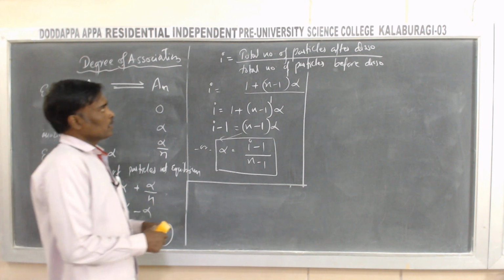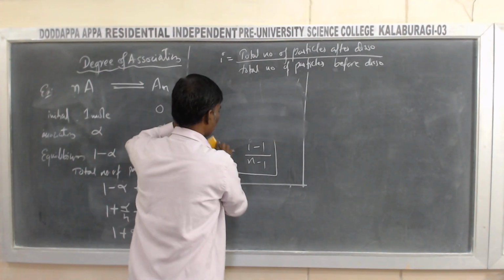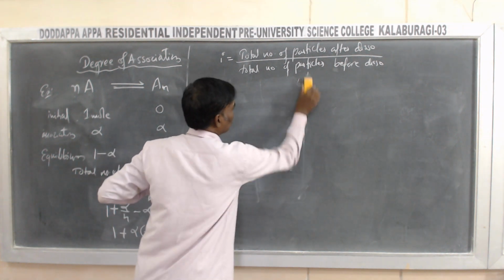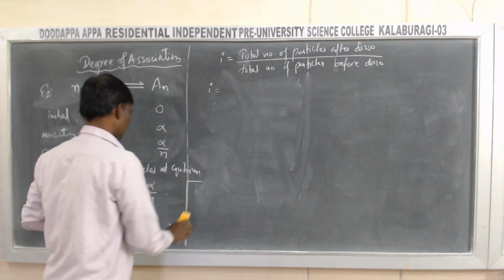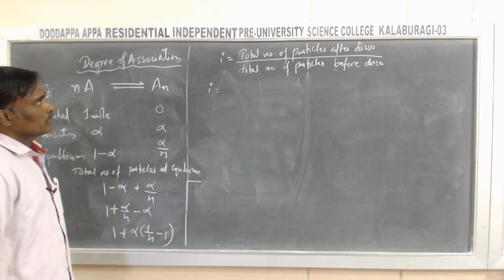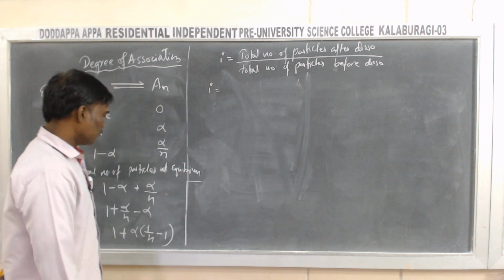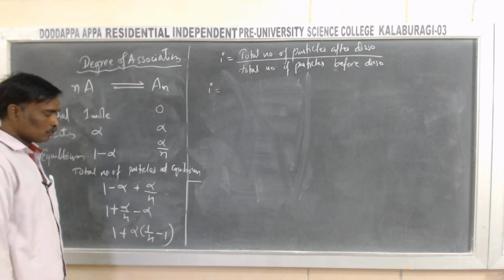Now, if I substitute these values in this equation, there is a Van't Hoff factor equation. Van't Hoff factor is total number of particles after dissociation divided by total number of particles before dissociation.